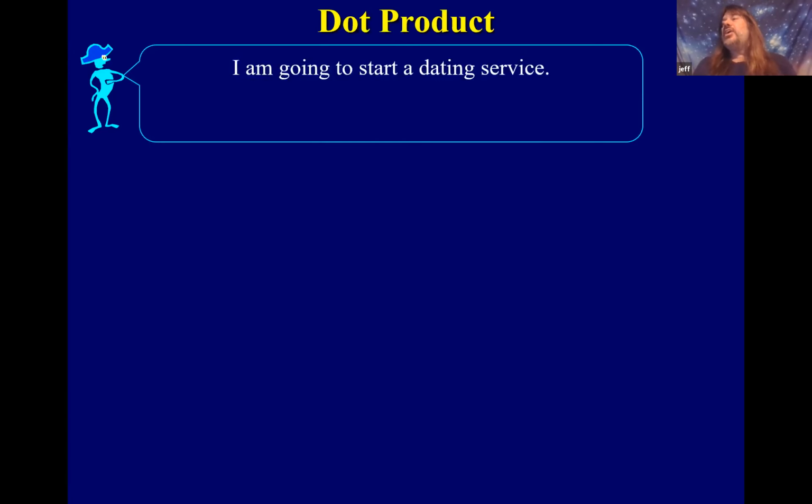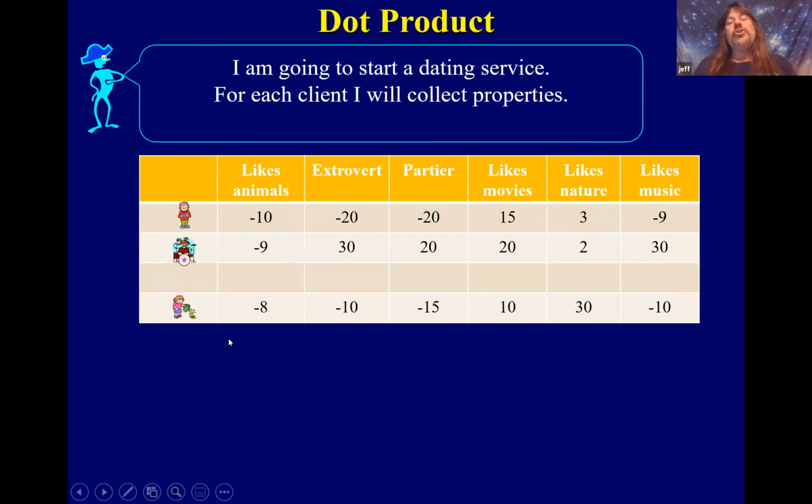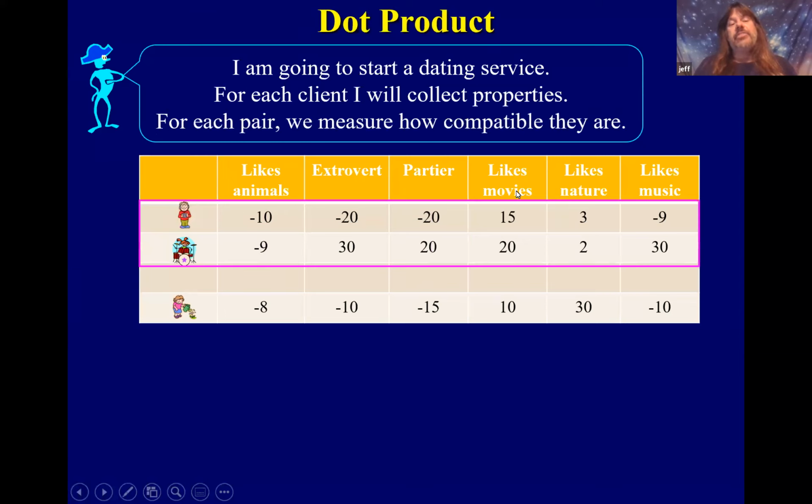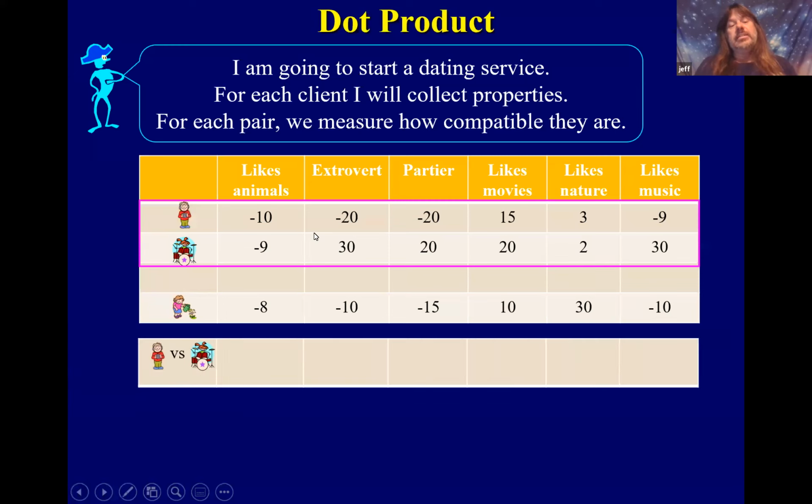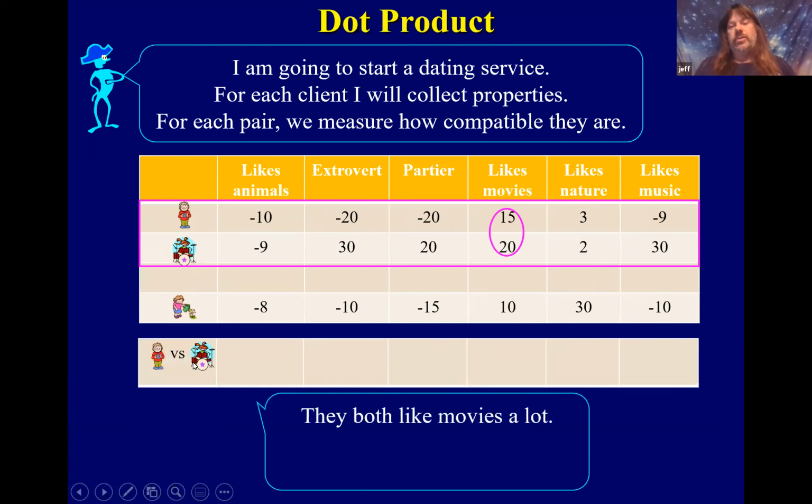To make it concrete, let's do a dating service, all right? You have all these clients, and each client has various features. For every pair of clients, we're going to compare them and see how compatible they are with each other. For example, they both like movies a lot.